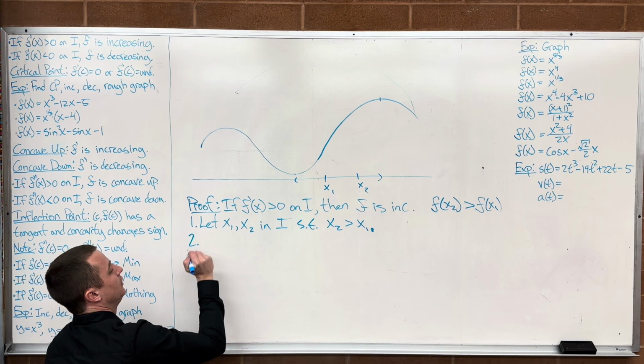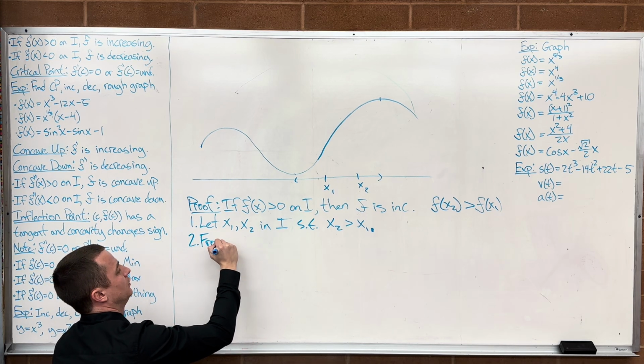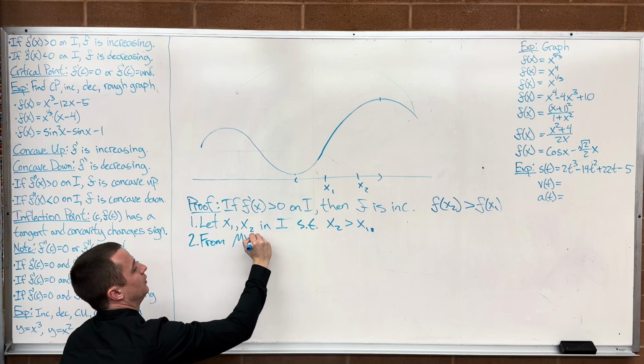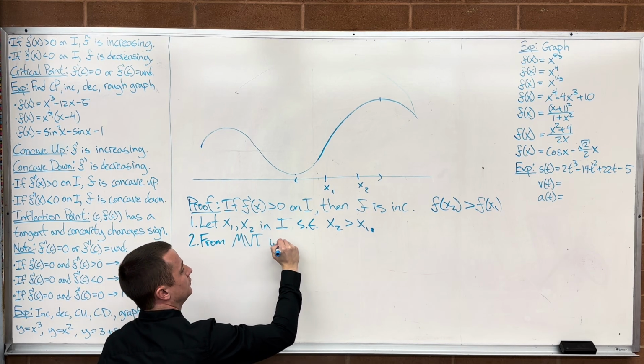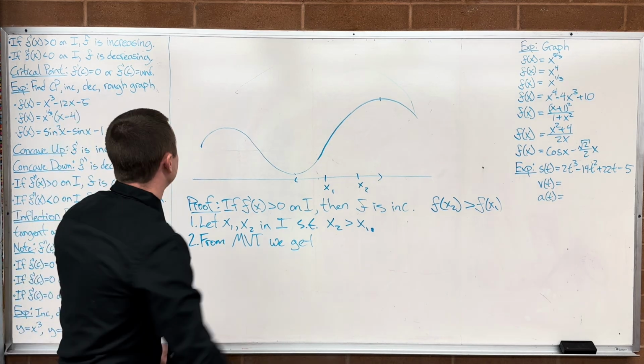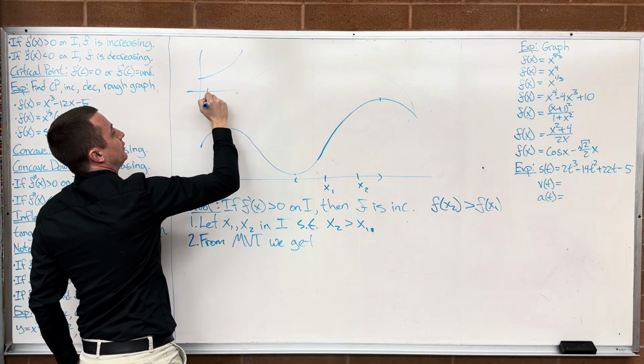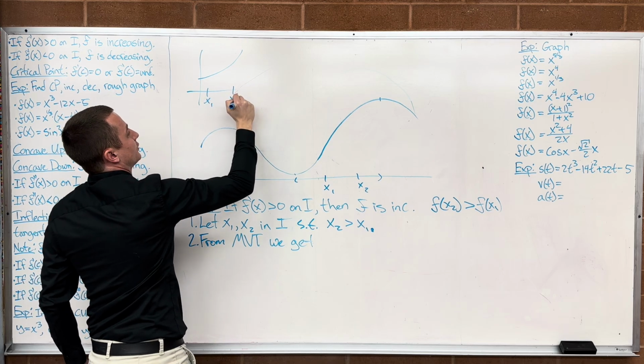Now, we remember the mean value theorem. What did the mean value theorem say? Let me scribble its picture just up here really quick. You got some function, pick 2 points, x1 and x2.